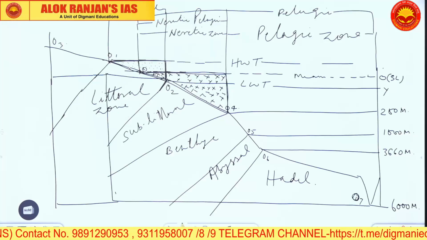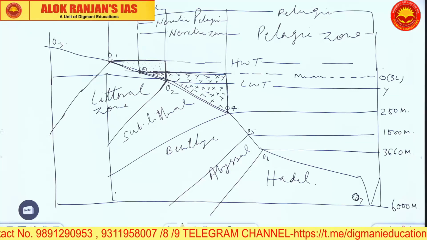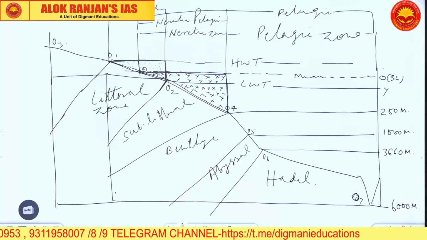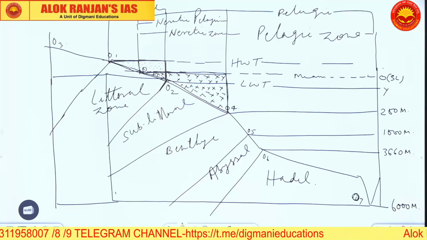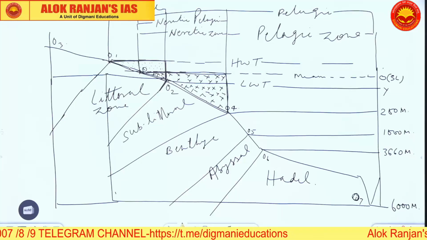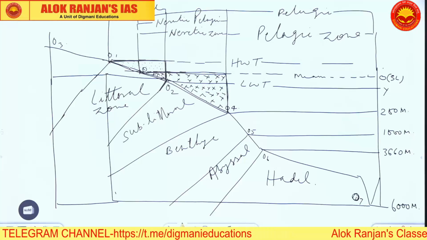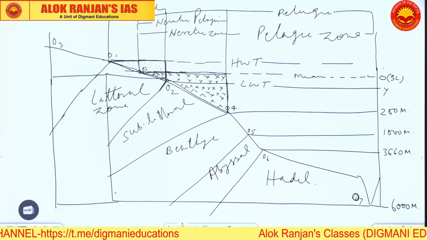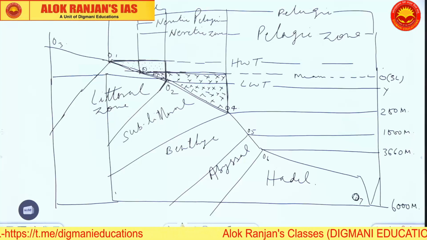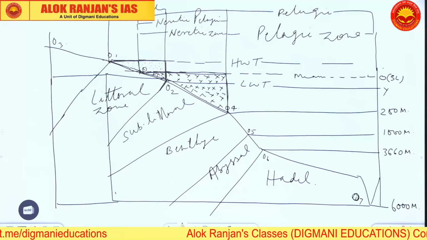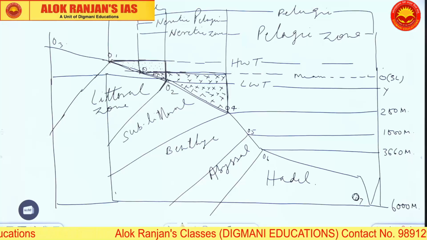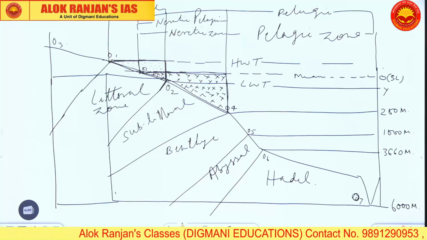And after the 200 meter depth, whatever remains will be called pelagic zone. Then I said, neritic zone will also be called neritic pelagic. So in that sense, the pelagic will be extending from the coastline to the entire ocean, meaning the entire open ocean can be called pelagic ocean.